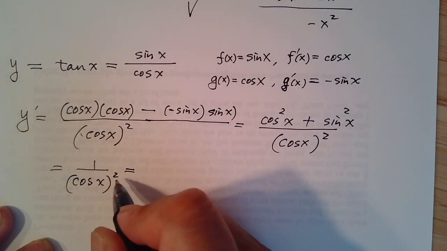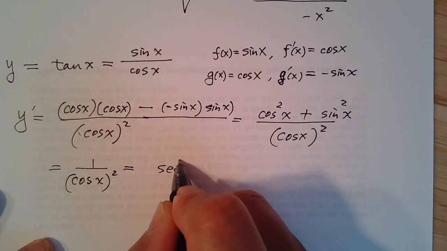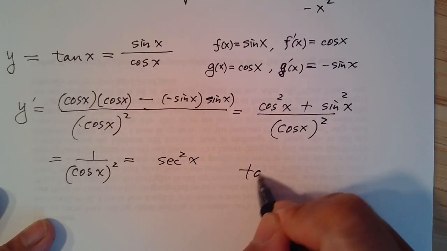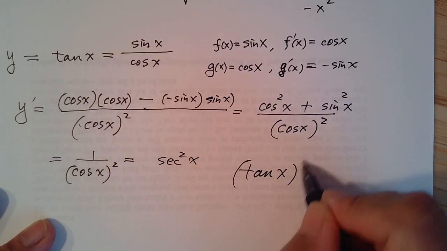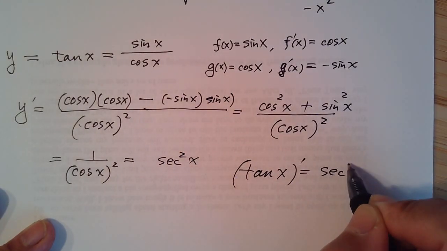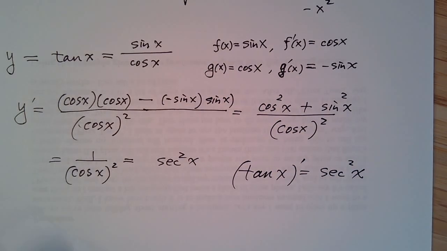Or, of course, you can write it as secant squared x. Now we learned tangent x prime is secant squared x. It's interesting, isn't it?